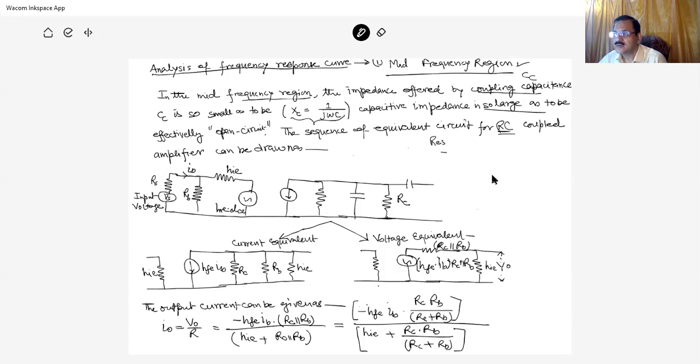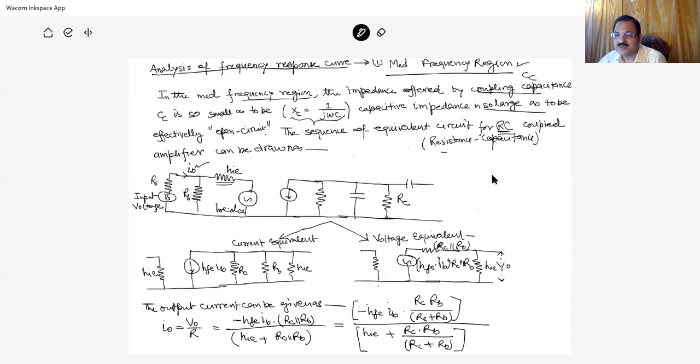The equivalent circuit of the RC coupled, resistance capacitance, amplifier can be drawn as follows. This part is the input voltage. This is the Vs. This is the source resistance, and here it is the base current, and this base current is passing through this one.